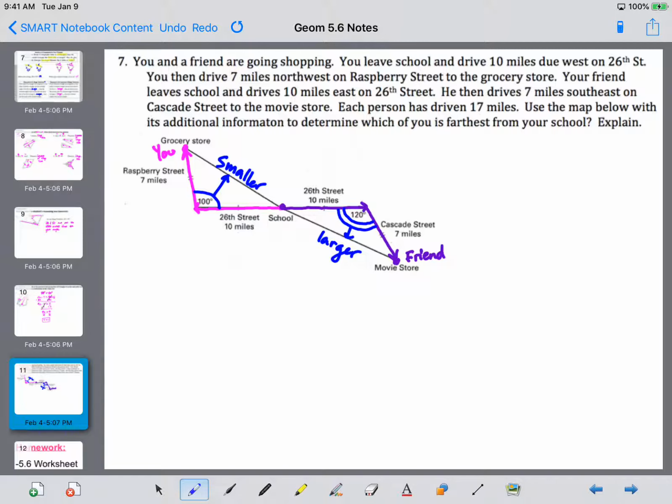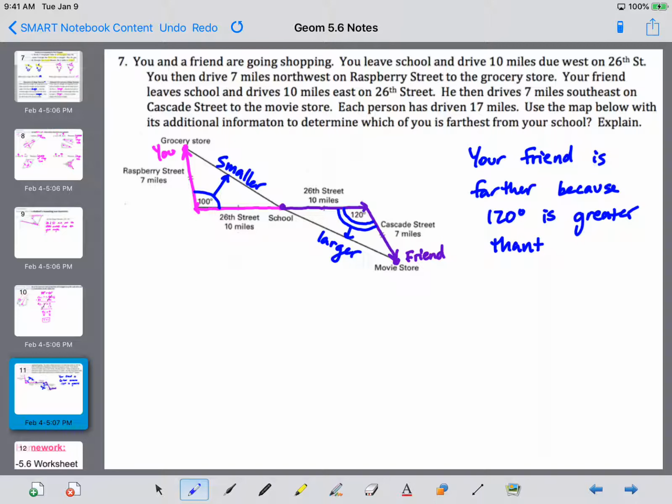What that means, using the hinge theorem, is that your friend has to be further, because the angle across from his distance, which is 120 degrees, is greater than the angle that you created, the 100 degree turn that you took.